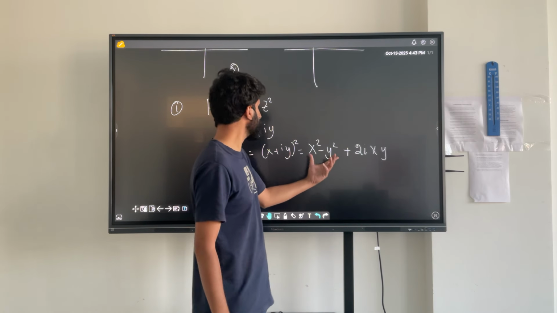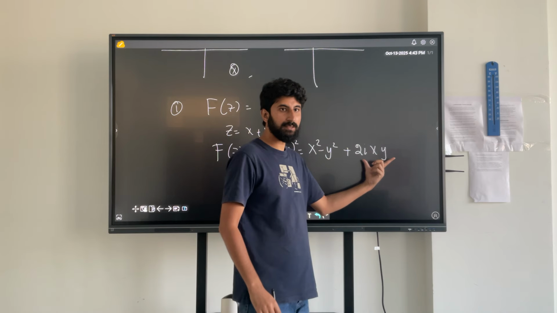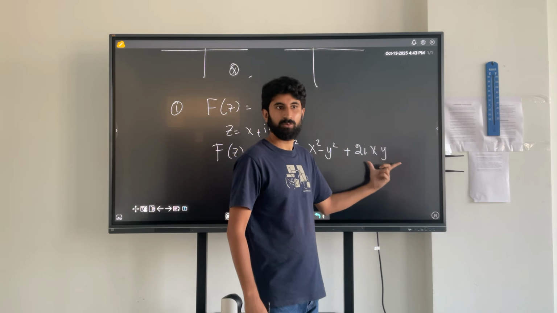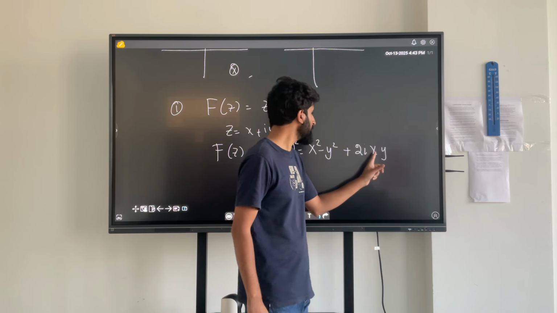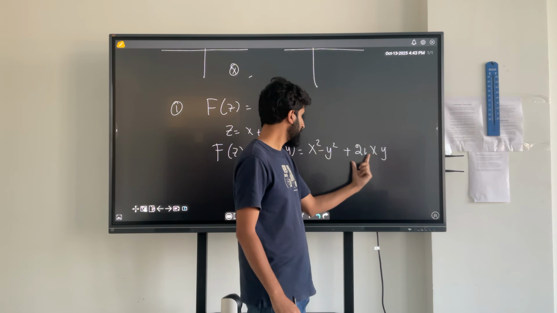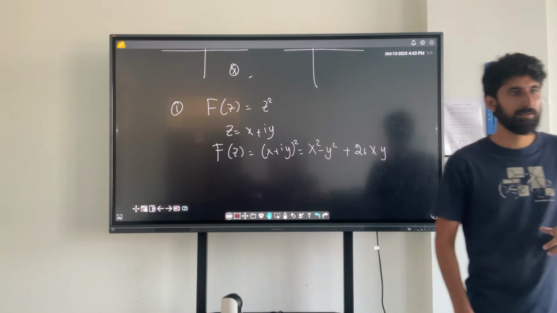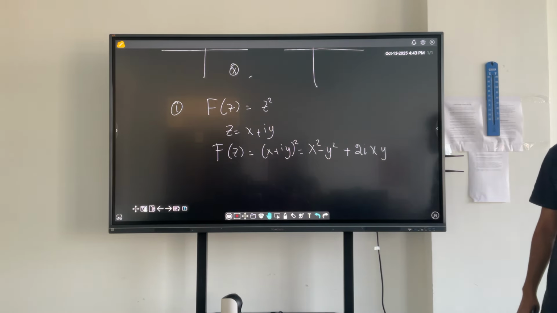So what is the real part of f of z? It's x square minus y square. What is the imaginary part? Twice xy. Remember, these are real numbers. That's why you are able to say this is the imaginary part without the iota, and this is the real part. x and y are real.